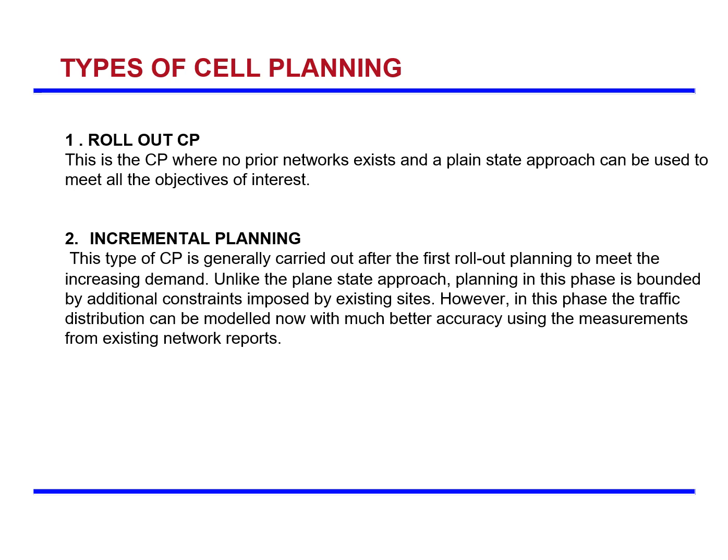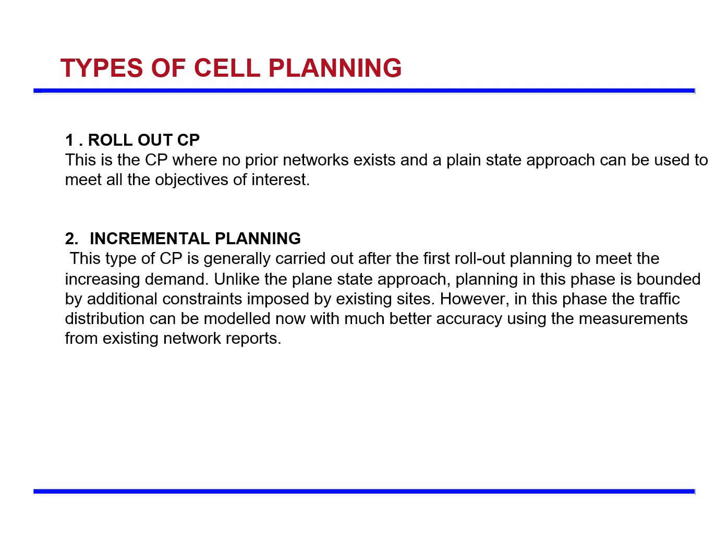Incremental planning. This type of CP is generally carried out after the first rollout planning to meet the increased demand. Unlike the clean slate approach, planning in this phase is bounded by additional constraints imposed by existing sites.